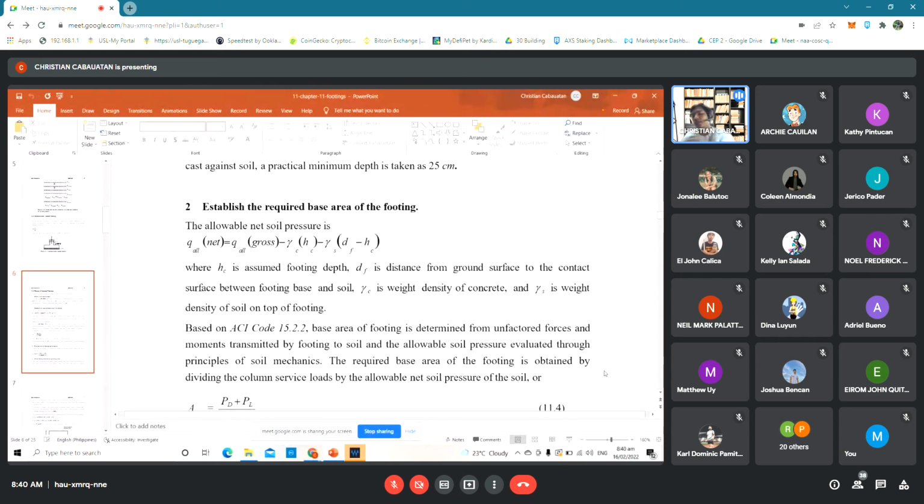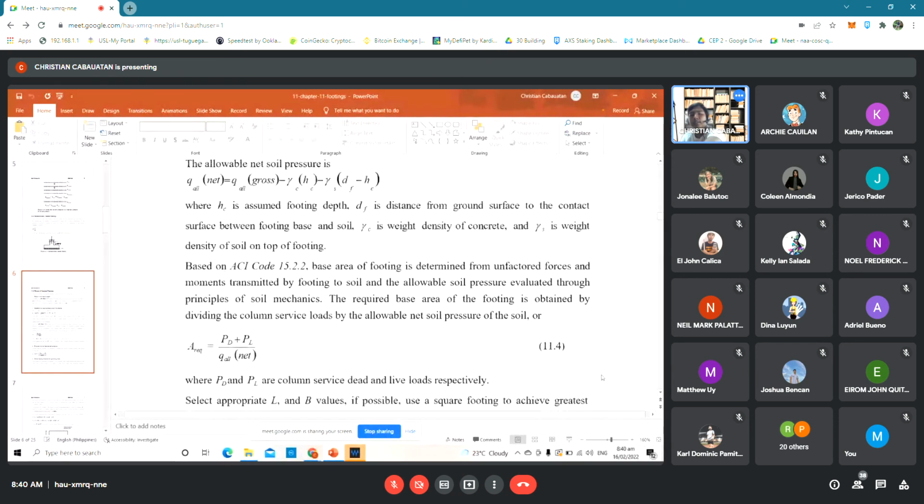So, to get the required area, it can be derived as the dead load plus the live load over the Q allowable, or the soil bearing allowable net. PD and PL are the service dead load and live load respectively.